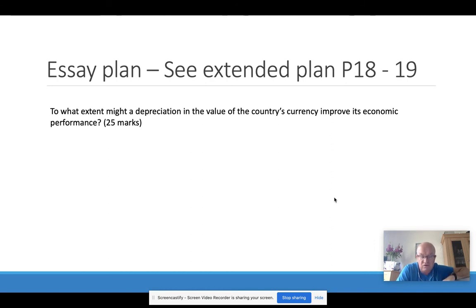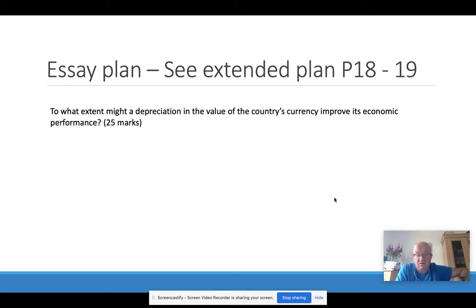Again, looking at that question, we need to look at the command words in the question. To what extent might depreciation in the value of a country's currency improve its economic performance? So first and foremost, if it's a to what extent question, we've clearly got to present a number of different options.